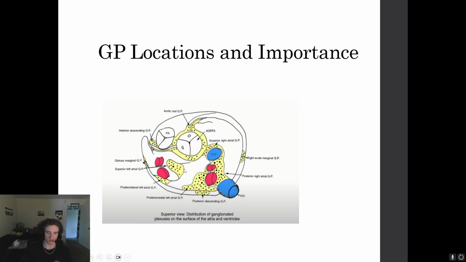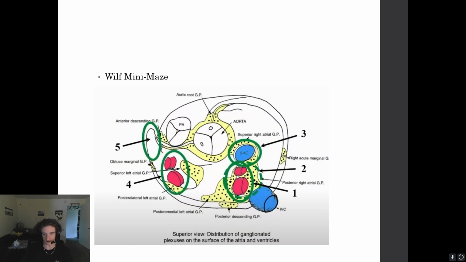So what are we going to do? Well, where should we ablate? We're going to ablate around here, right? Isolate those pulmonary veins. Traditionally that's the first step in AFib, pulmonary vein isolation. So moving on, we're going to look at a maze procedure.